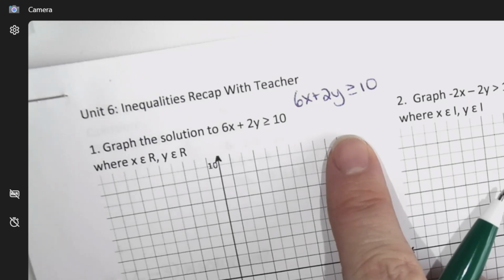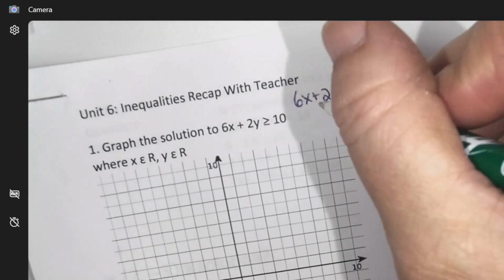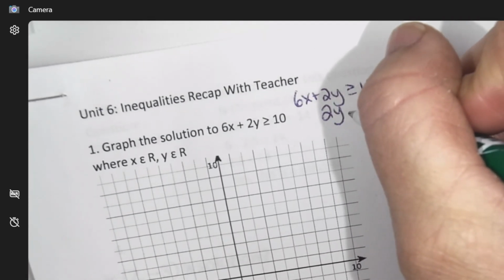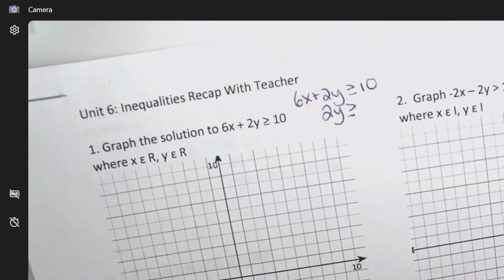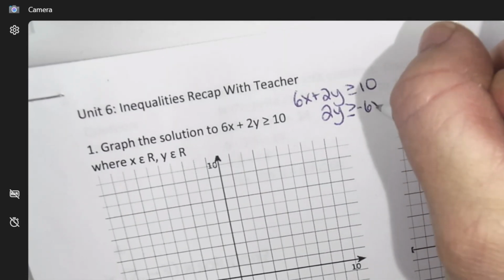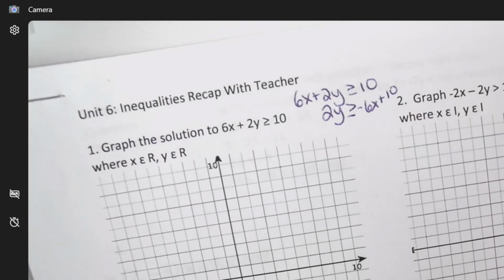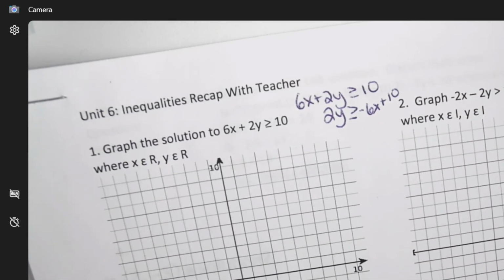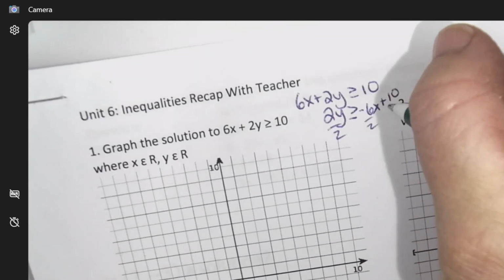Okay, what I'm going to do is I'm going to write the y. So there's a 2y. I'm going to move the x to the other side. So negative 6x. Then I'm going to divide each thing by 2.